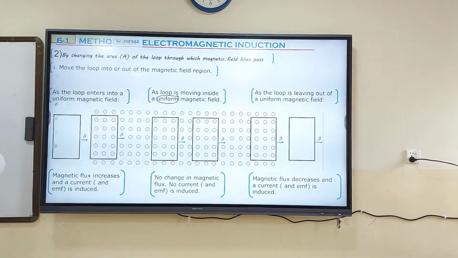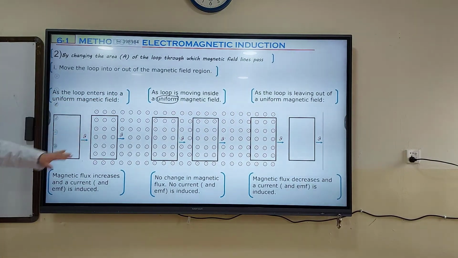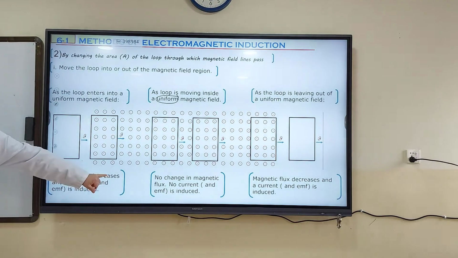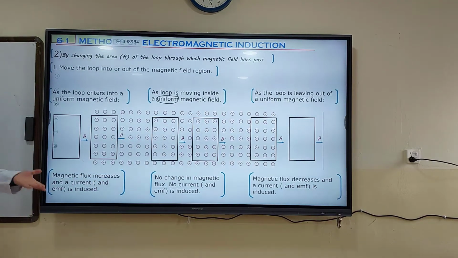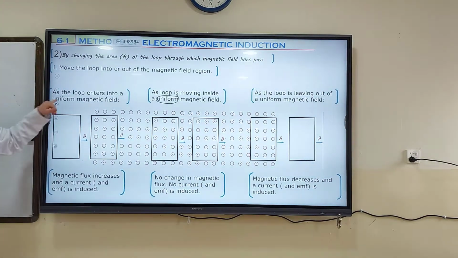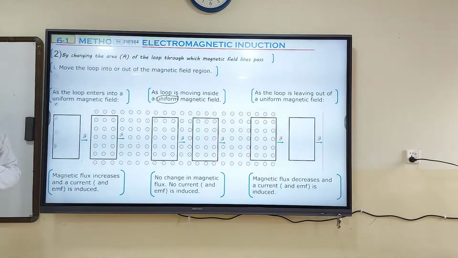So that's why, as the loop enters the uniform magnetic field, magnetic flux increases. Is there a change? Yes. If there's a change, we are going to observe an induced current in the loop. A current will start circulating in this loop, and we are going to measure the induced EMF in this loop.